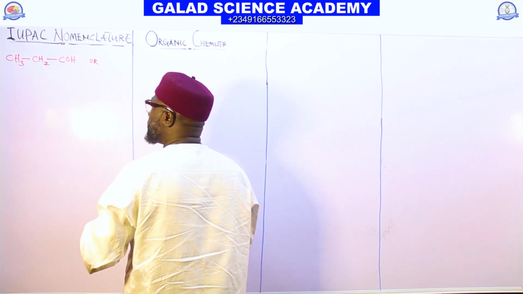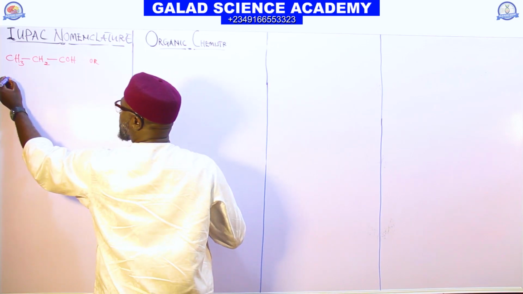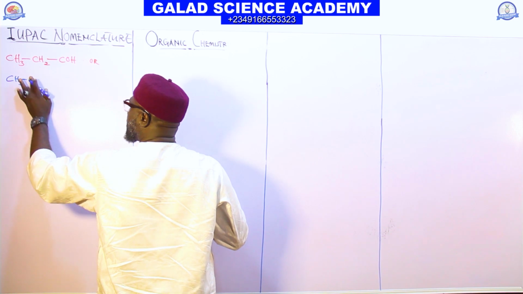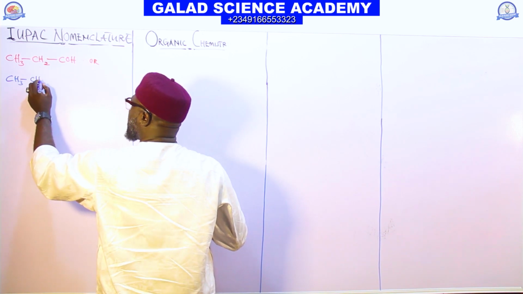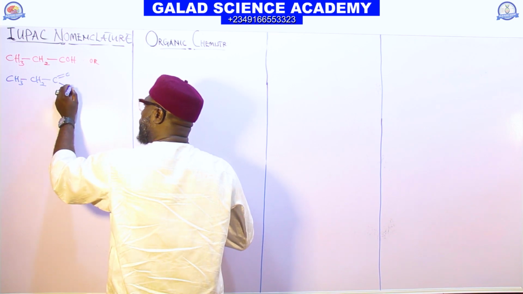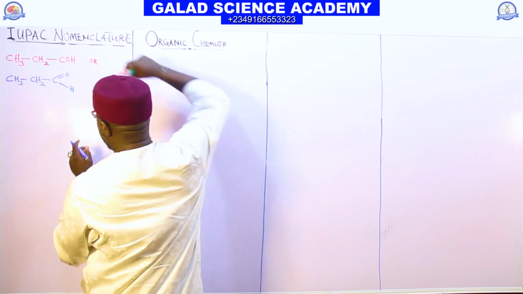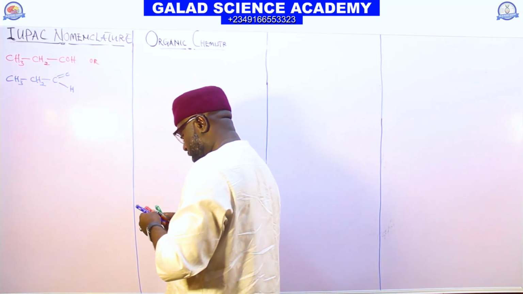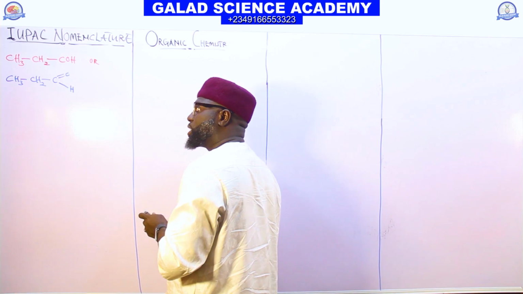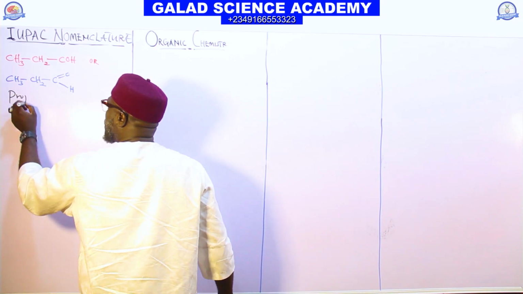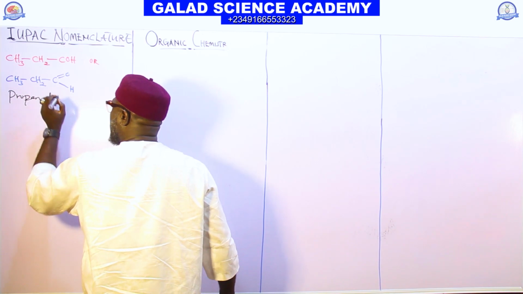If I draw the structural formula, CH3CH2COH. You are now asked to name it. The functional group we have there is alkanal. How many carbon? 3. We call it propanal.